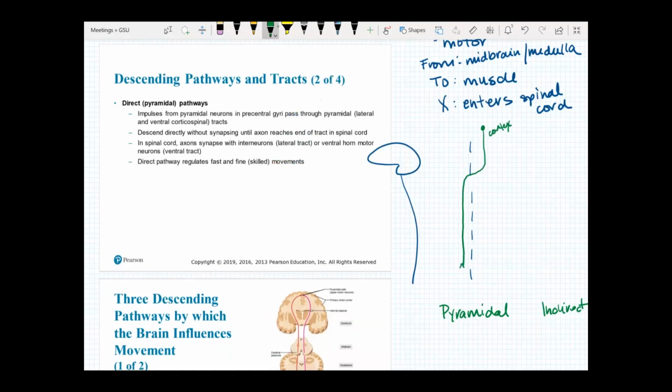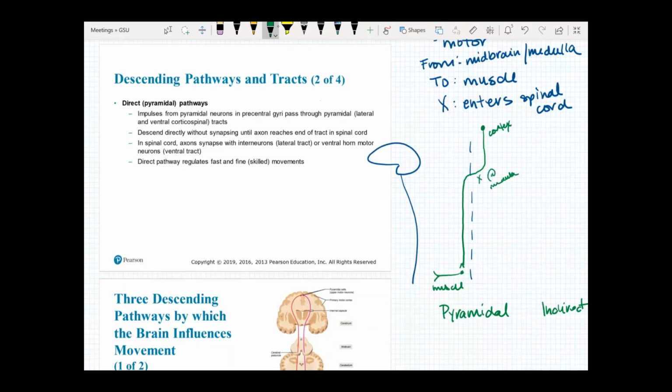It will then synapse here and go to the actual muscle. So this is going to cross at the level of the medulla, right above the cervical region. So that's what's going on with this pyramidal descending pathway.